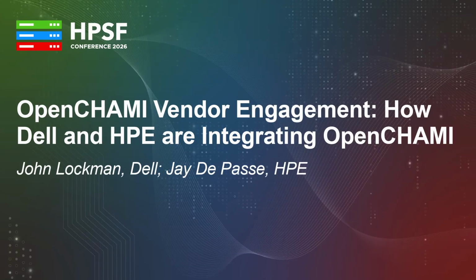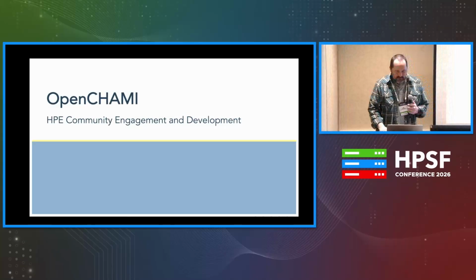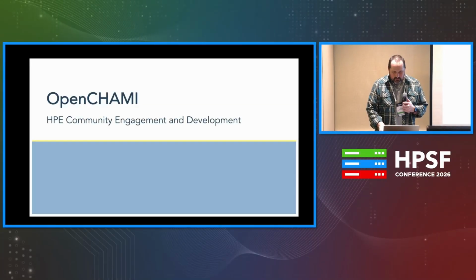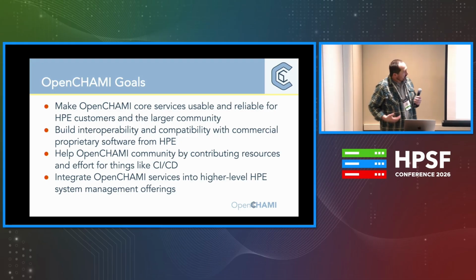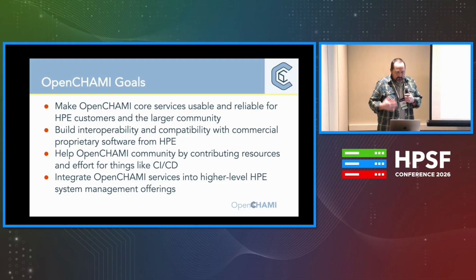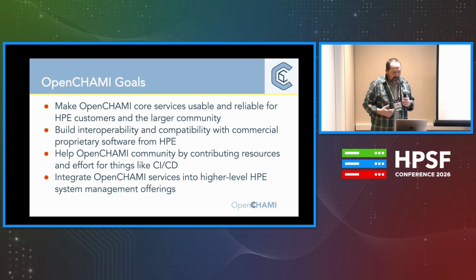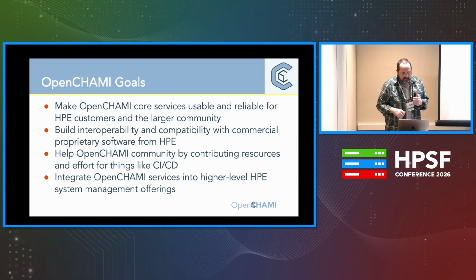Yeah, I'm going to talk a little bit about HPE and our role in the OpenCHAMI community and development, our goals and where we'd like to see things going. We want to contribute to the core services to make OpenCHAMI usable and reliable. We want to build interoperability and compatibility with other proprietary software that we at HPE have.